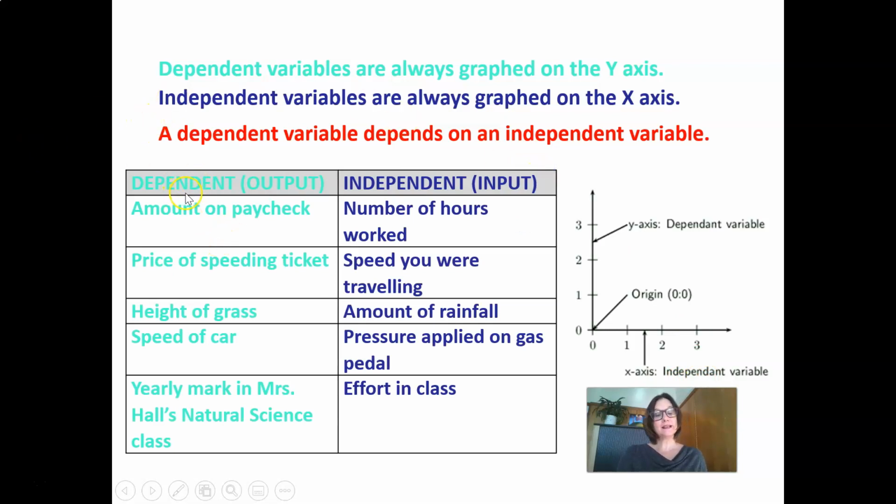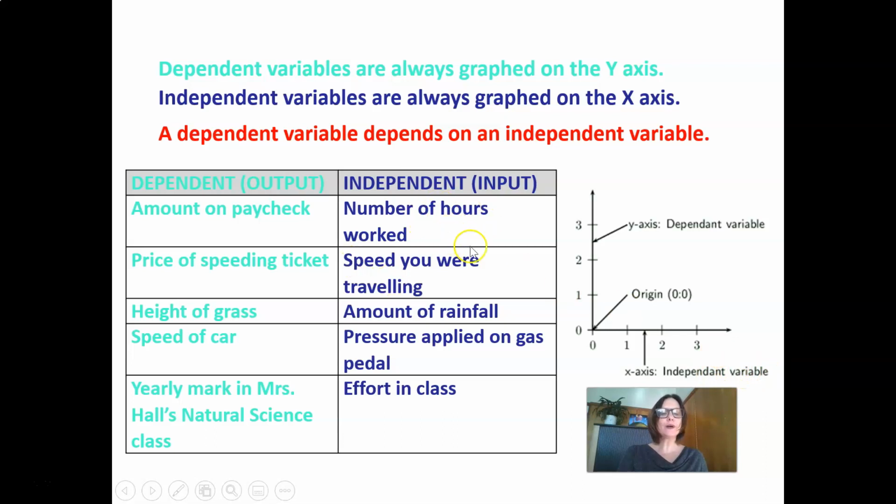So, as I said earlier, your dependent variable is your output, and it's always graphed on this axis over here, your y-axis. So if you want to know what is the amount on my paycheck, so you have a little job and you are waitering every day, what is the amount on my paycheck? And it's going to go up in equal increments. That is your dependent variable. Well, that depends on your independent, which is your input.